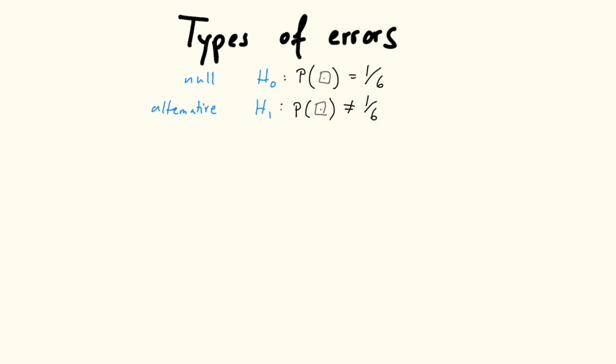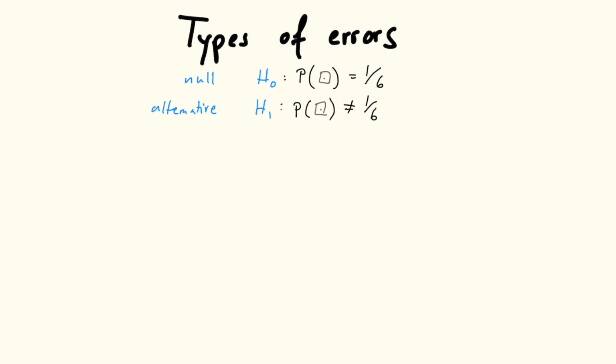Note that with the way that we have defined cheating here, there's only one way for our friend to be honest. The probability of rolling a 1 has to be exactly 1/6. But then there are many ways for them to be cheating. So the probability of rolling a 1 could be 1/3, that would be cheating, or it could be 1/12, that would also be cheating. So the alternative actually comprises many probabilities of rolling a 1.